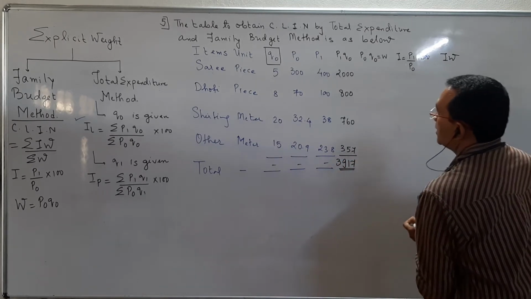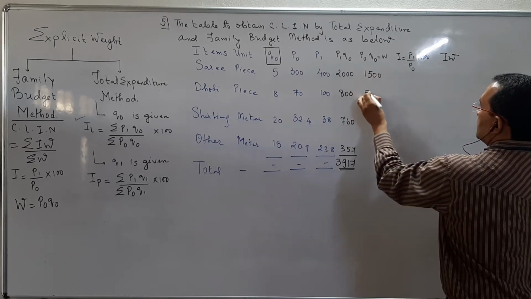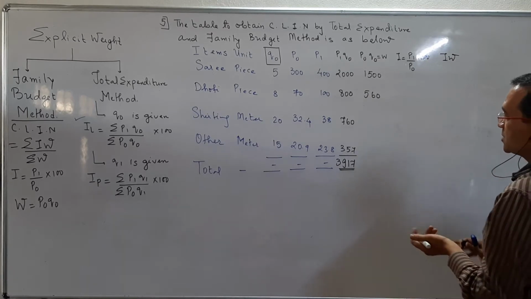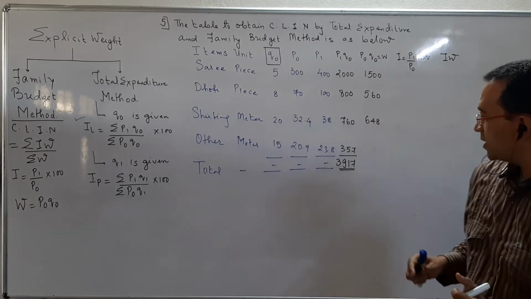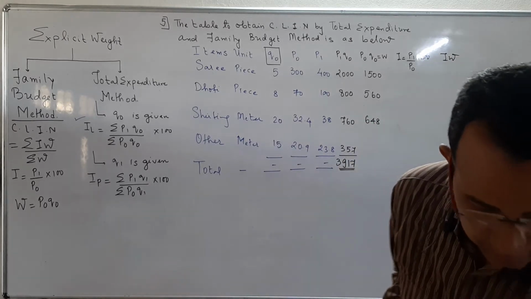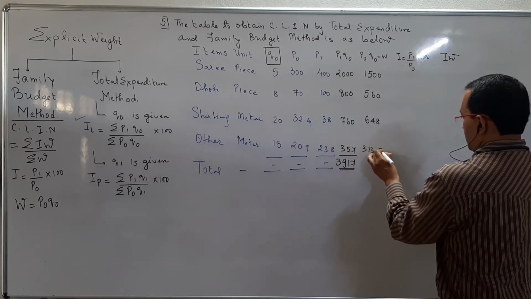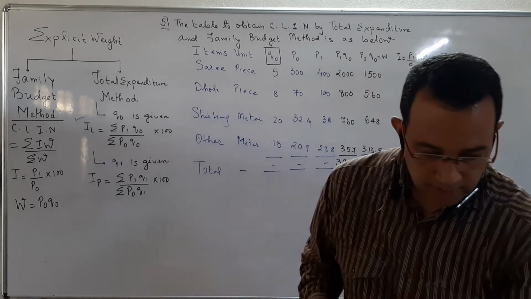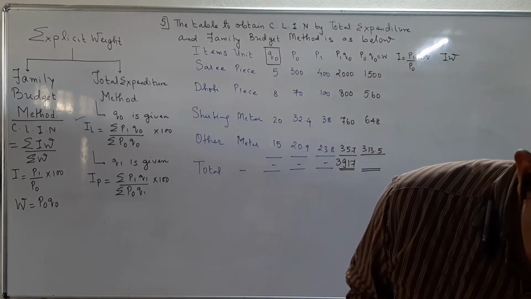P0Q0: 300 into 5, so 1500. 7 8s are 56, this will be 560. Okay. And 15 into 20.9, so 313.5. And this total comes out to be 3021.5.